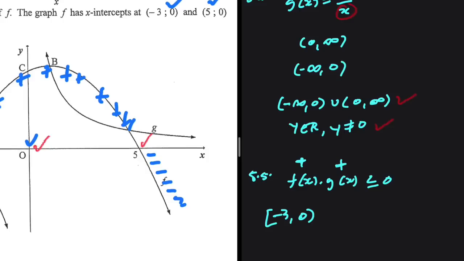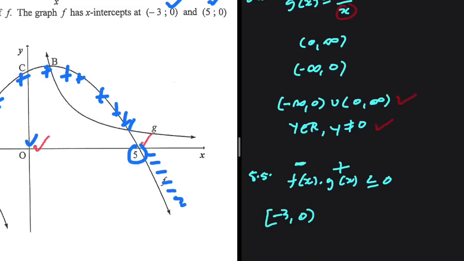Let's look at x equal to 5 to positive infinity. F of x is going to be negative, and g of x is going to be positive. Negative multiplied by positive is negative, and it will satisfy our inequality.